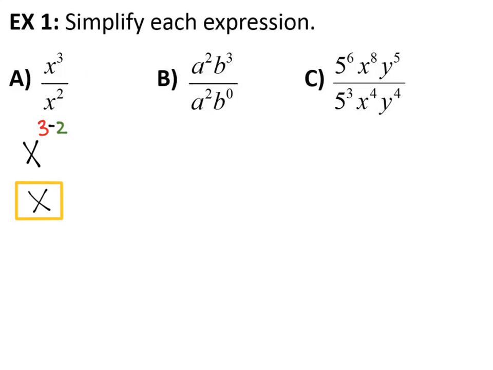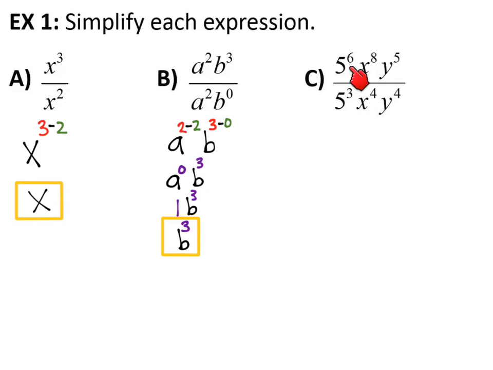So I take just the same base, a, and I combine them. Then I take the same base, b, and I combine them with subtraction. And then I notice it's going to be a to the 0 times b to the 3rd, which is the same thing as 1 times b to the 3rd, which is the same thing as just b to the 3rd.